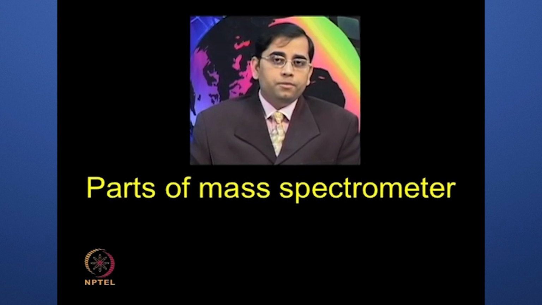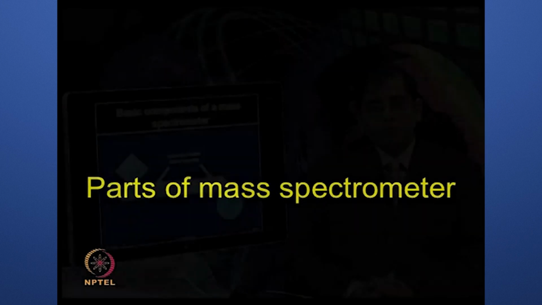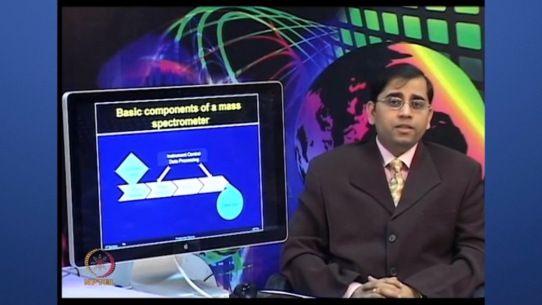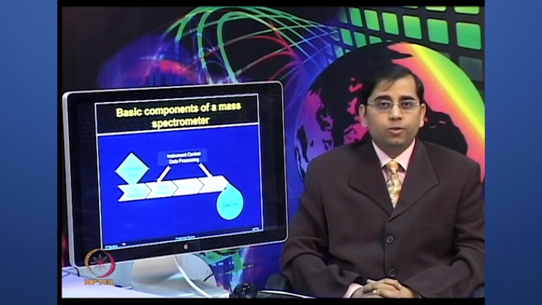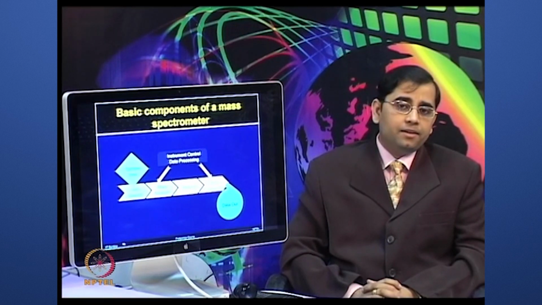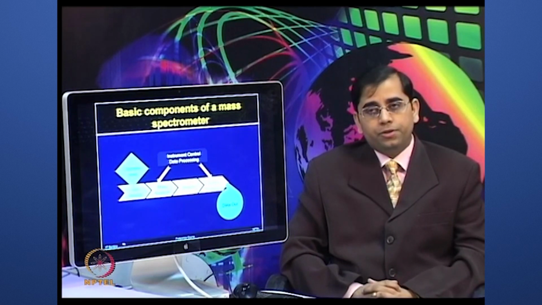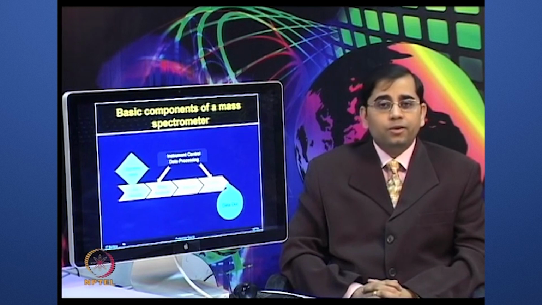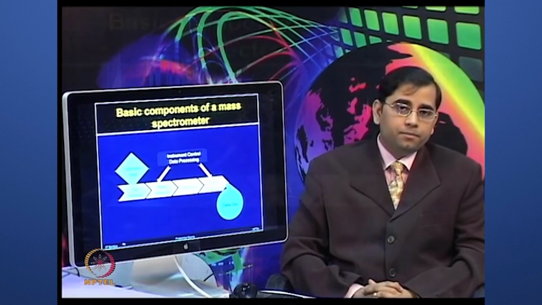Now, let us talk about different parts of the mass spectrometer. The major components include the sample inlet, ion source, mass analyzer, detector, signal processing components and data output. Let us look at each of these components in a little more detail.